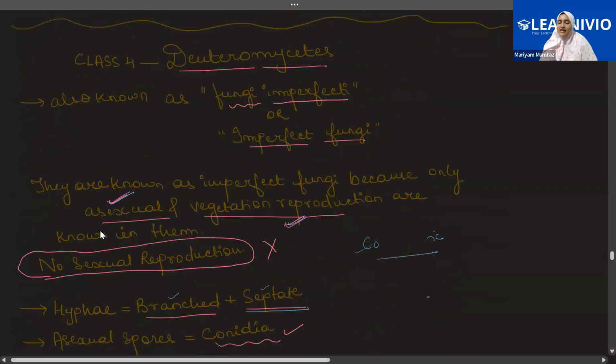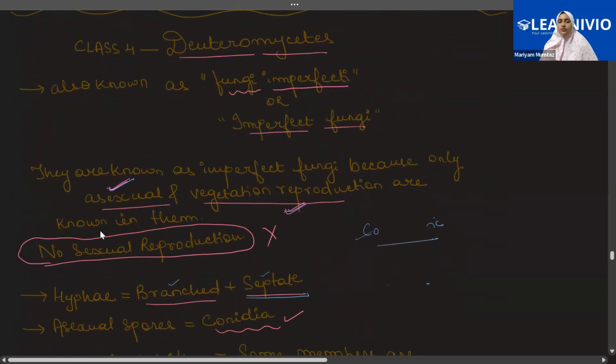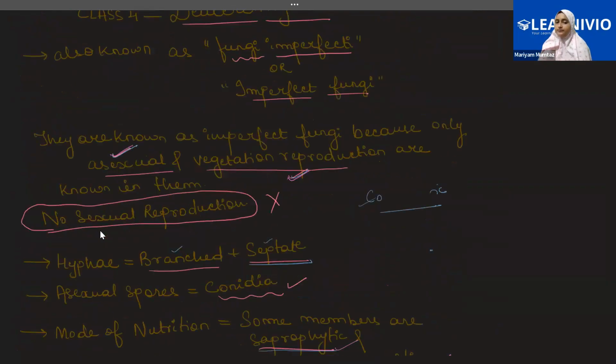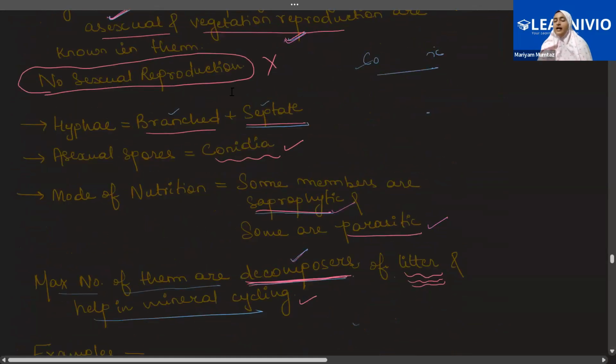Then comes the last class of fungi, Deuteromycetes, also known as fungi imperfecti, meaning imperfect fungi, because no mode of sexual reproduction has ever been found in them. Only asexual reproduction is known. They have a branched and septate hypha.